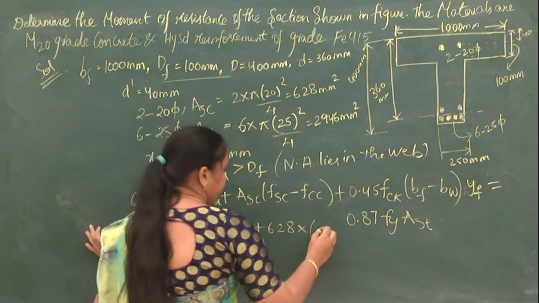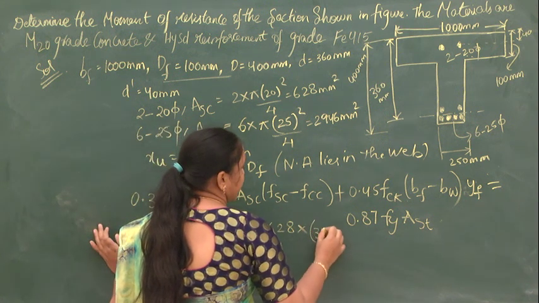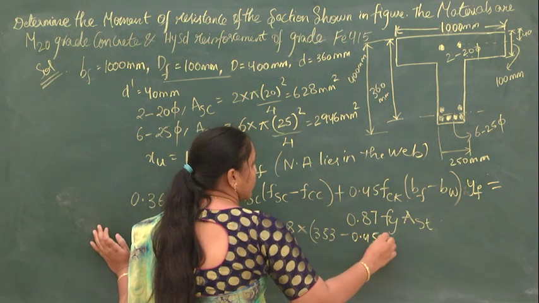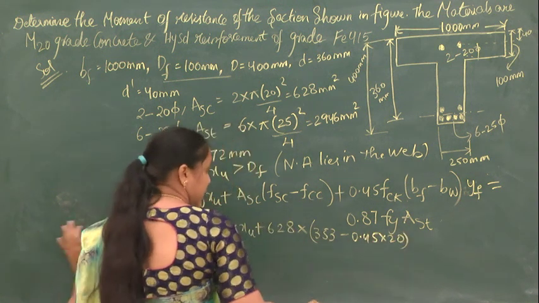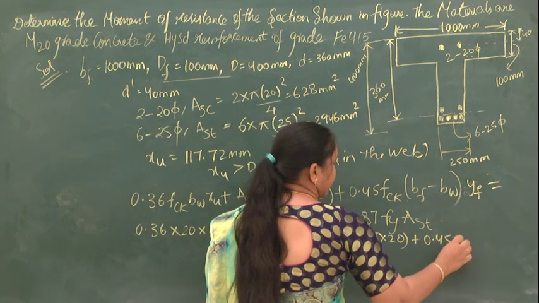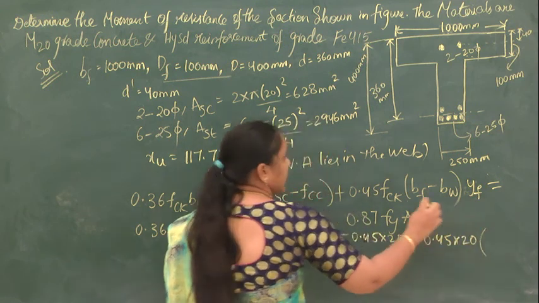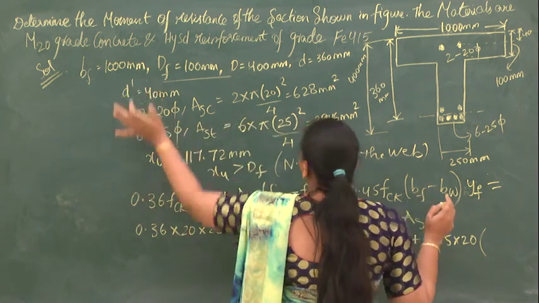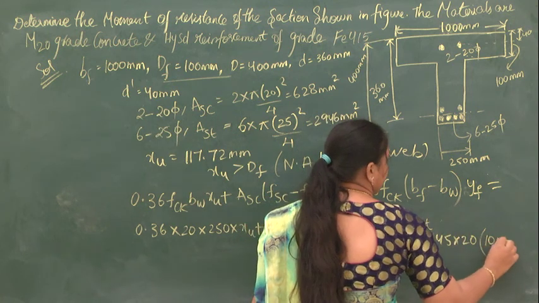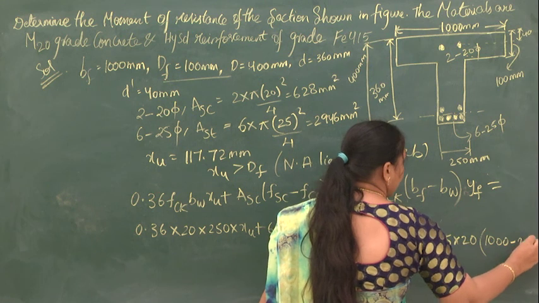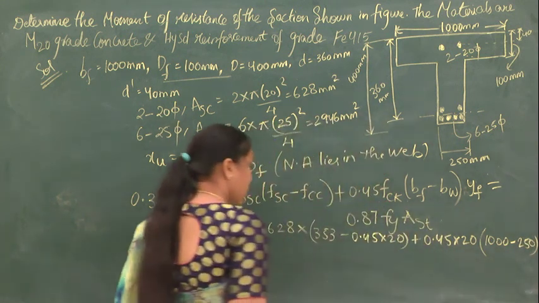What is the value of FSC? We have calculated previously, it is 353 minus FCC, 0.45 into FCK, which is 20, plus 0.45 into FCK, 20 into BF. It is nothing but the breadth of the flange, which is given as 1000 minus BW, given as 250 into YF.